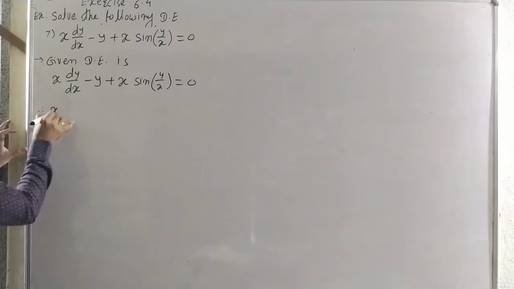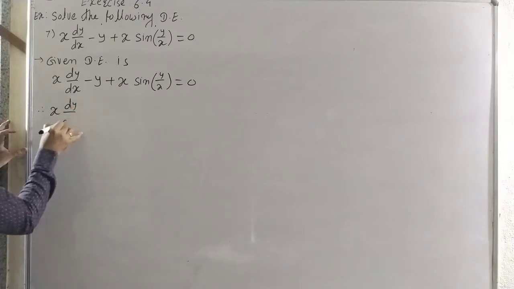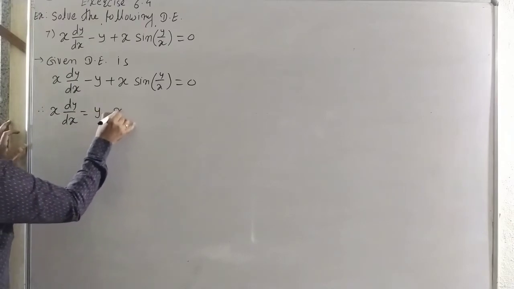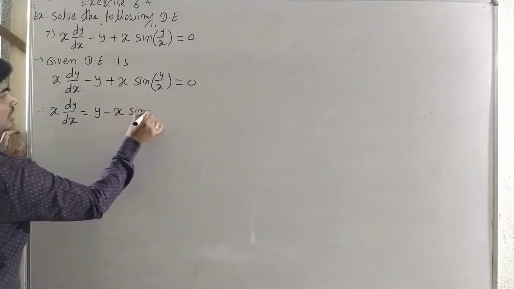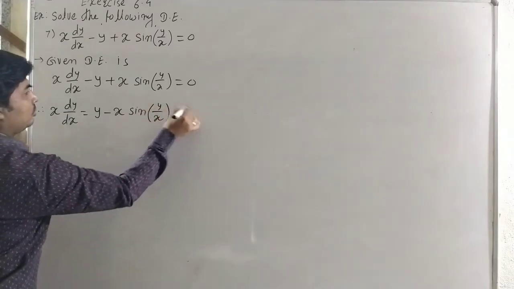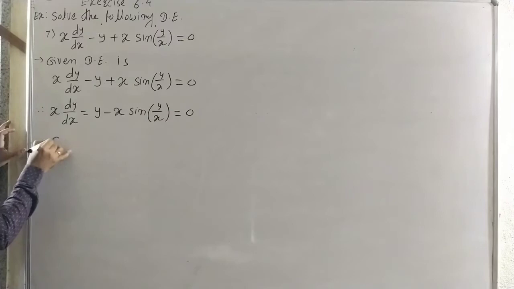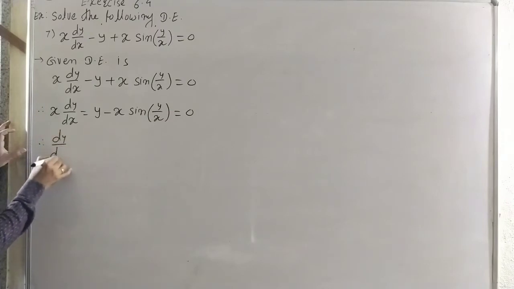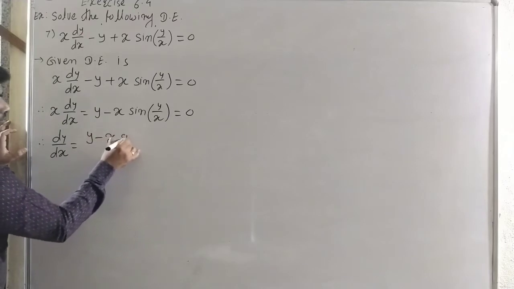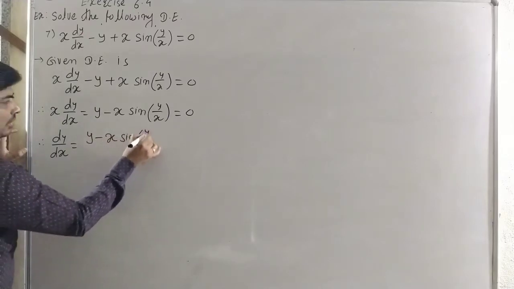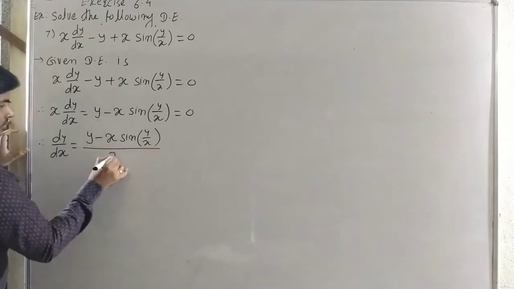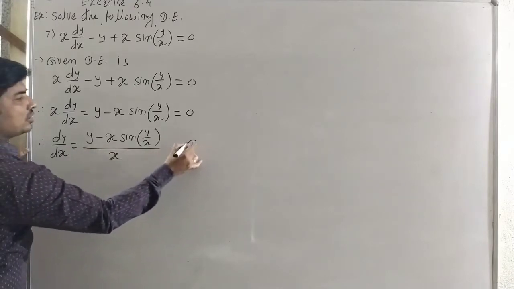Therefore x dy by dx is equal to y minus x into sin of y by x, and therefore dy by dx is equal to y minus x into sin of y by x upon x. It is a homogeneous differential equation.